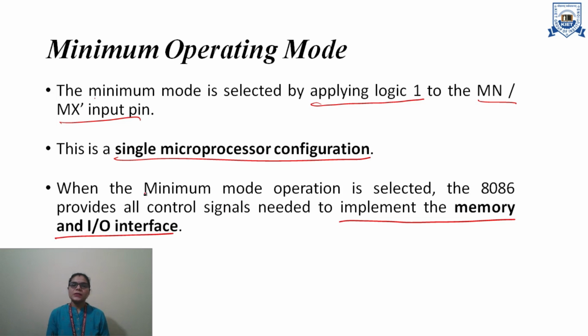So this is a less cost-effective mode of operation of 8086, because in this mode 8086 works for basic memory and input-output operation. It provides all the control signals to implement memory and input-output interface.